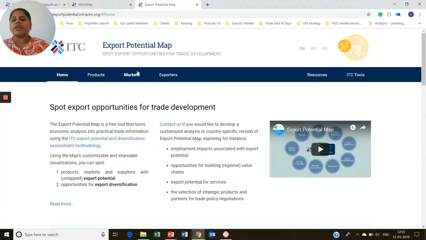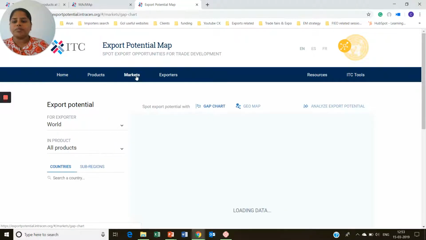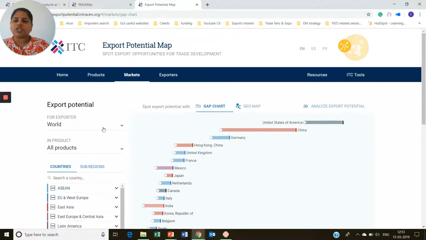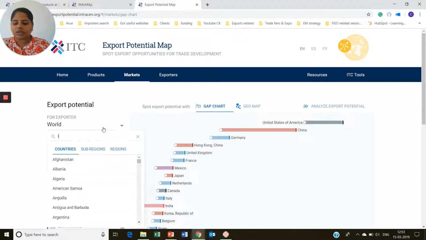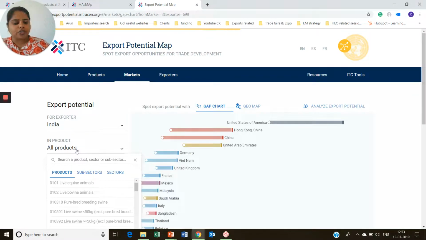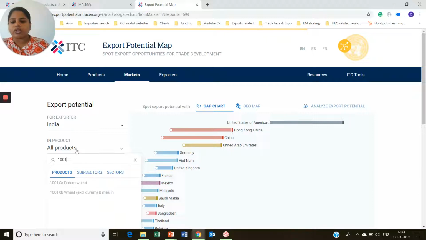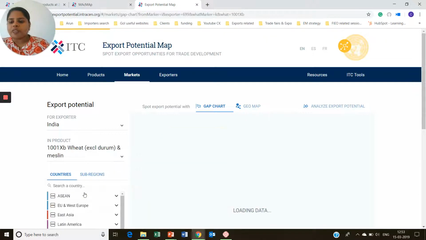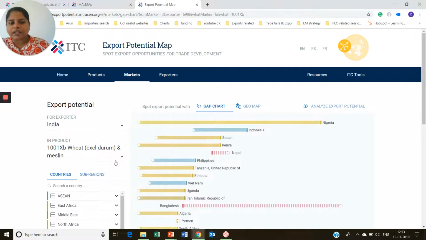In this website, if you click on market, because we were using the product based approach, I'll click on India, and to make it easier, I'll use the same HS code we used in the Trade Map, that is wheat or muslin. If I click on that, it will come up with the markets where India has a huge opportunity.